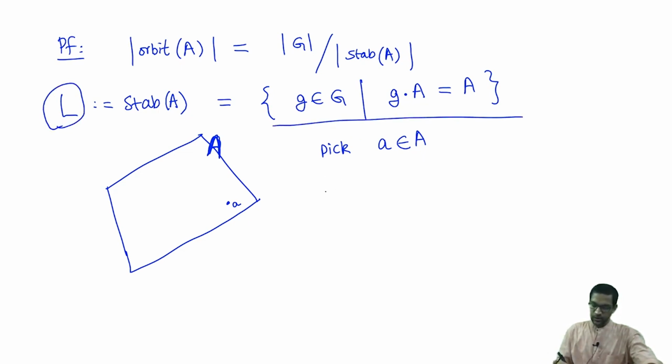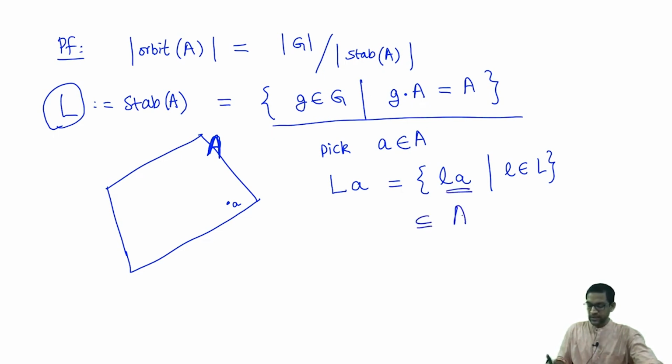Okay, now observe, consider the right coset LA. L is a subgroup, A is an element. I can look at the right coset LA. What is this? This is just all elements of the form LA, where L comes from L. According to this definition, if I take an element of A and multiply by an element from the stabilizer, the answer should again be inside A. So observe that every element of the form LA must again be inside A by definition of the stabilizer.